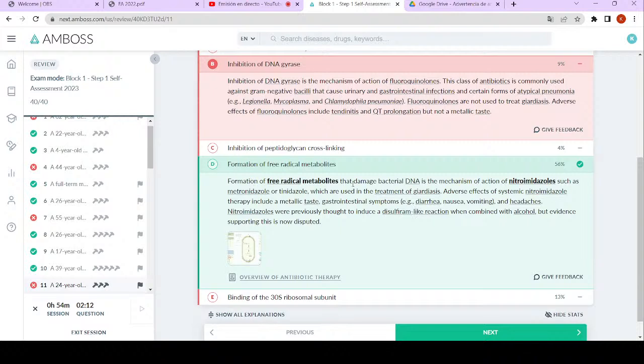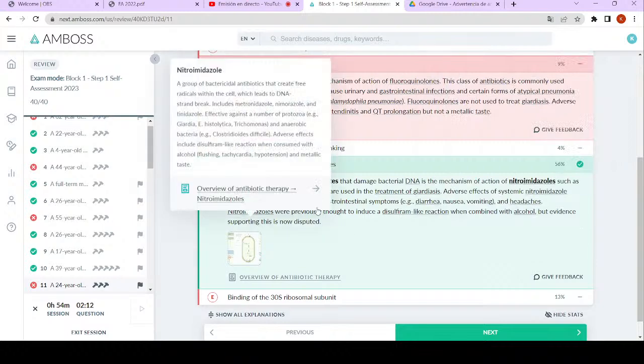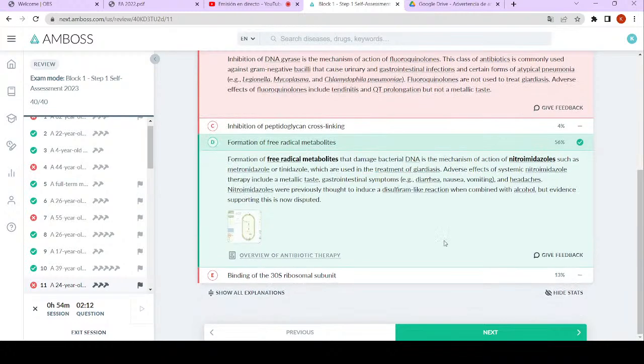So the formation of free radical metabolites that damage the bacterial DNA is a mechanism of action of the nitroimidazoles, such as metronidazole and tinidazole, which are used in the treatment of giardiasis. Adverse effects of systemic nitroimidazoles include metallic taste, gastrointestinal symptoms, headaches, and that stuff.